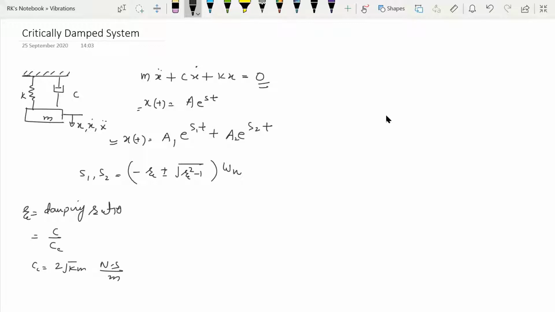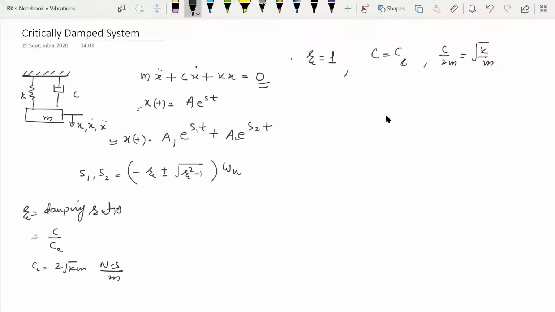Critically damped system means we are putting zeta equals to 1. So for a critically damped system, zeta equals 1, or we can say C equals Cc, or we can put C by 2m equals under root k by m. If this is the situation, then the system is critically damped.